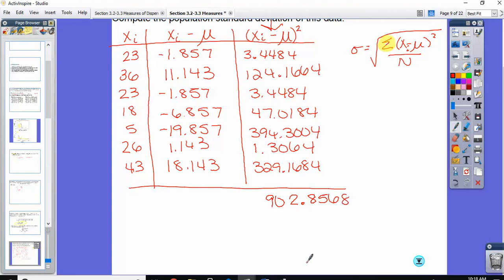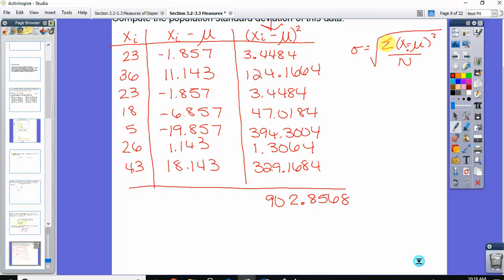Just a fun little tidbit. If you add up your x minus your mean, you should get 0. Because the mean is the middle, so it should always balance out. Now we rounded these, so it may not be perfect. But if you were on a test and you wanted to make sure you hadn't completely messed up one of those numbers, add that middle column and it should be 0, just for a quick check.